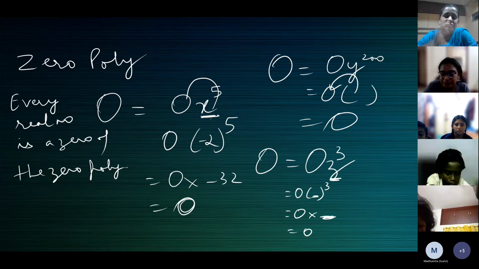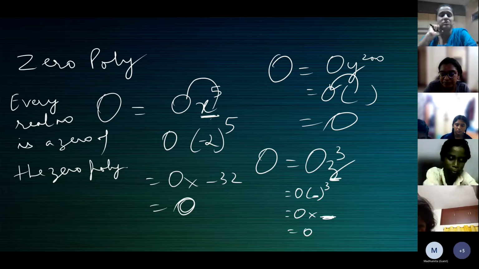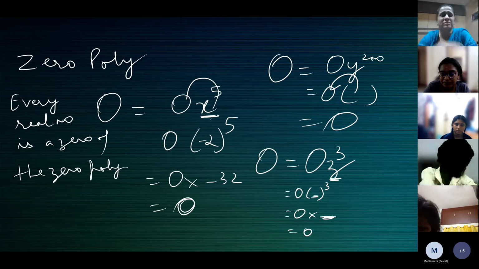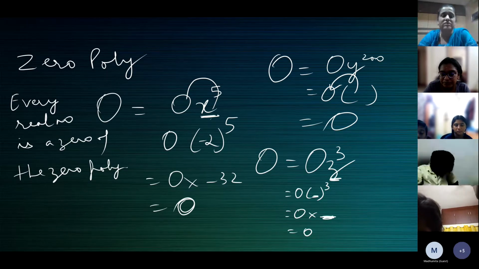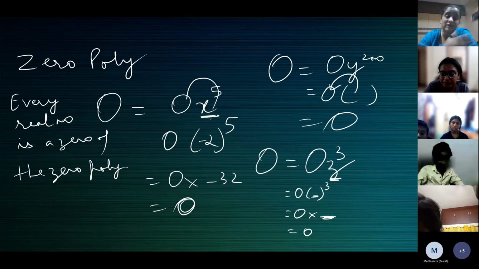A constant polynomial has no zeros. If the constant polynomial is 10, how can 10 become 0? You cannot give some value for the variable x, y, z and make 10 zero.